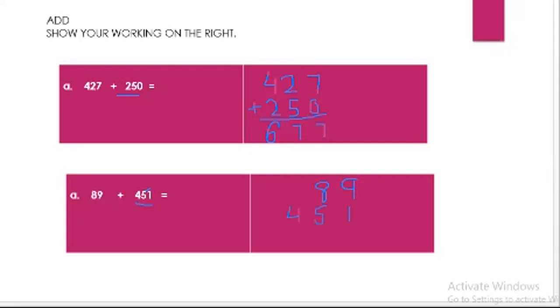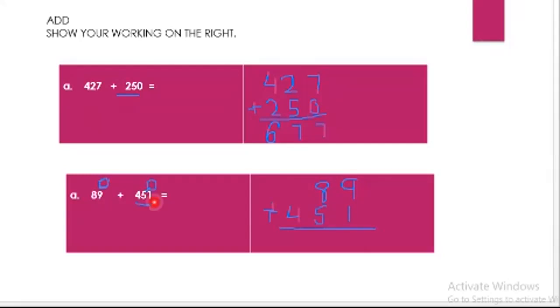Yes, that's the way to write the questions correctly. Because you know that 1 is at the ones place and 9 is at the ones place. Both numbers are at the ones place.